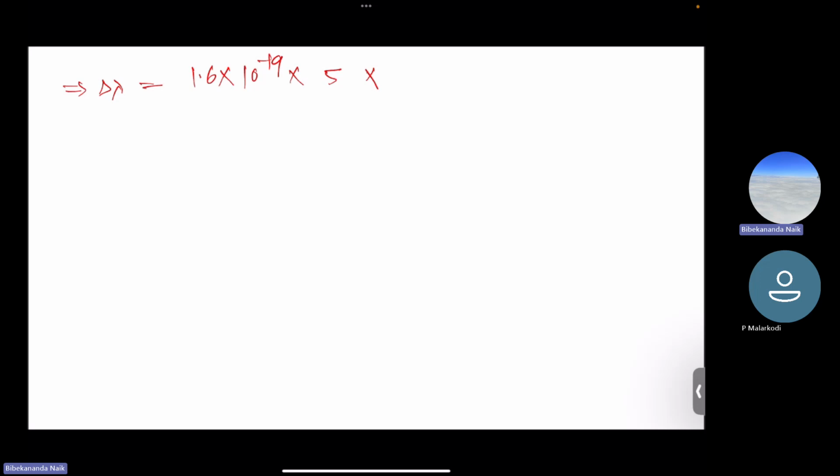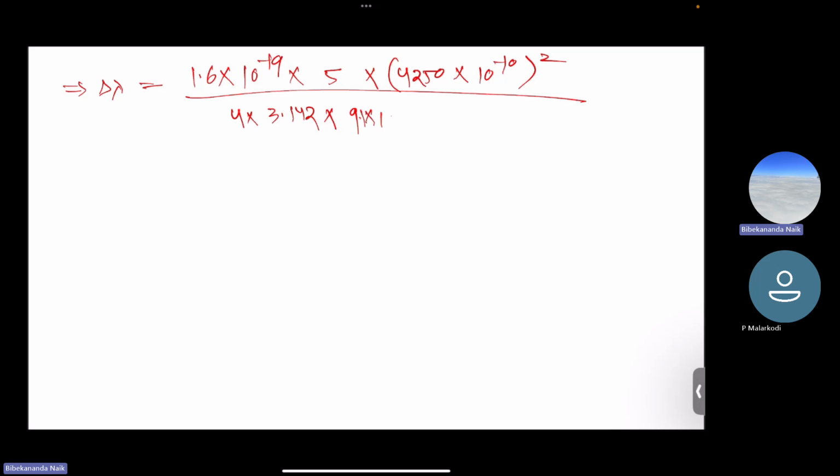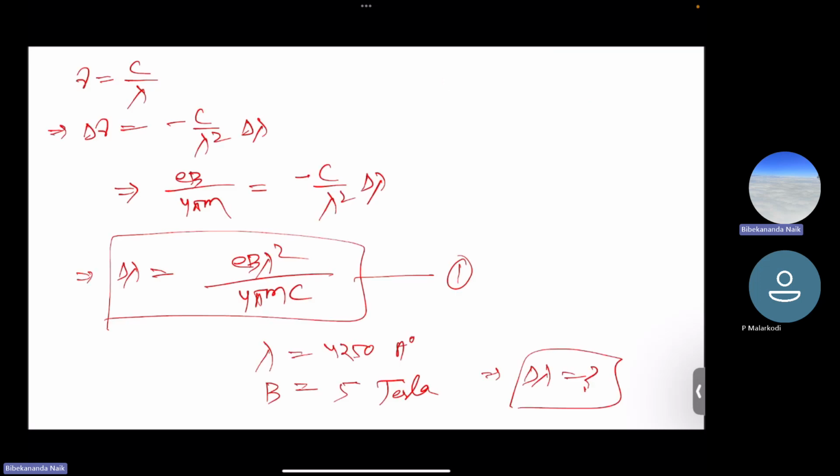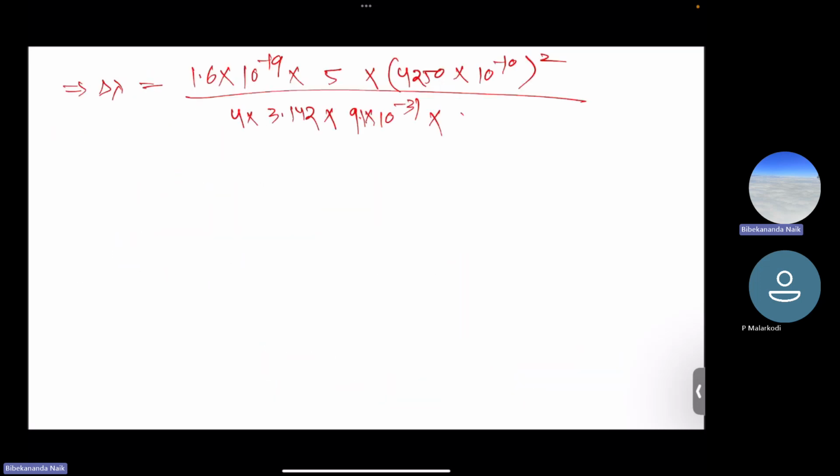So lambda square is 4250 into 10 to the power minus 10, squared, divided by 4 into 3.142 into m, the mass of electron, 9.1 into 10 to the power minus 31, into c, the velocity of light, that is 3 into 10 to the power 8 meter per second.